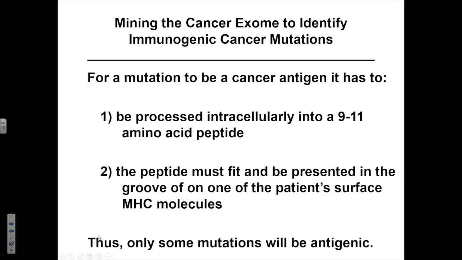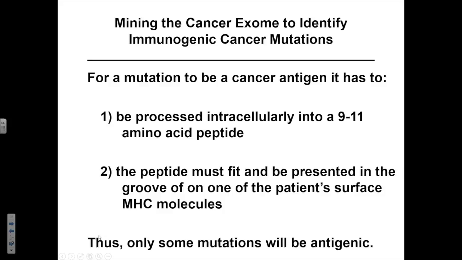Now, I know people in this room know immunology, and obviously, although these mutations are not self, they are recognized as foreign. For a mutation to be a cancer antigen, I just want to emphasize that it has to be processed intracellularly into a 9 to 11 amino acid peptide, and that peptide has to fit into the groove of one of that particular patient's MHC molecules.